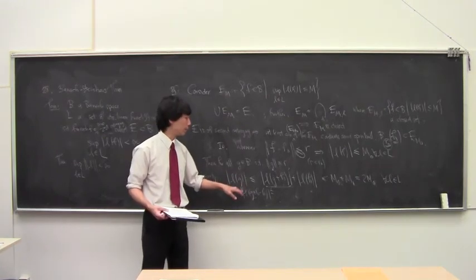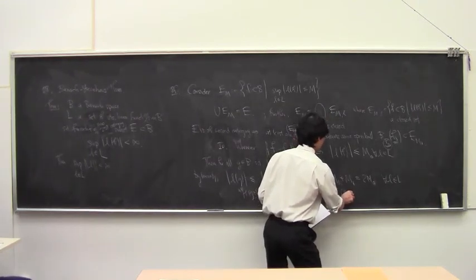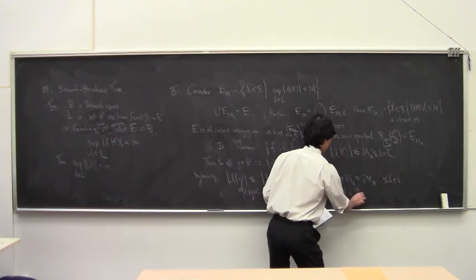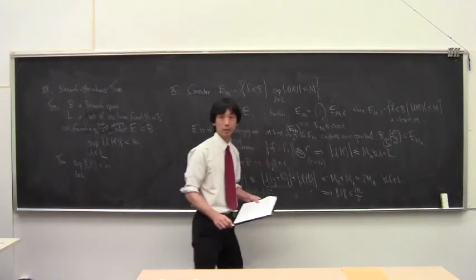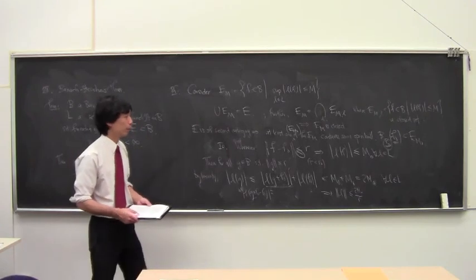And that means that the operator norm of L is smaller than 2n naught over r, with this uniform bound for all L.